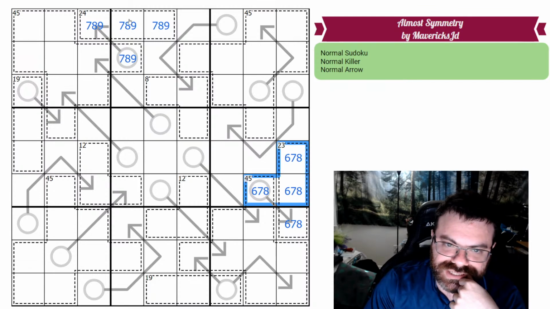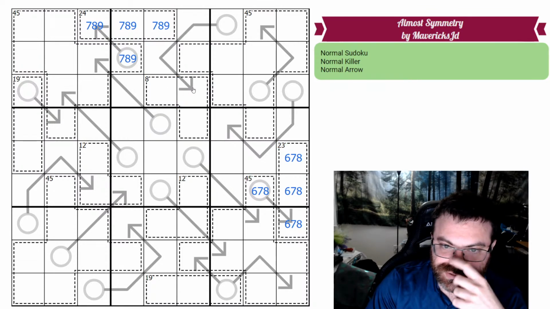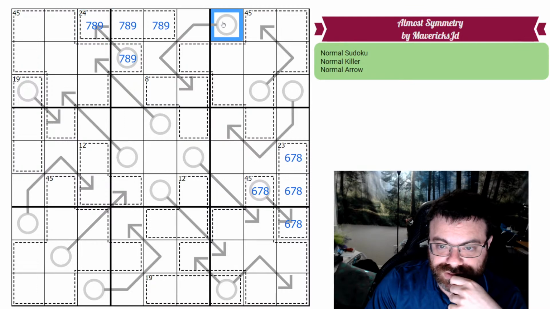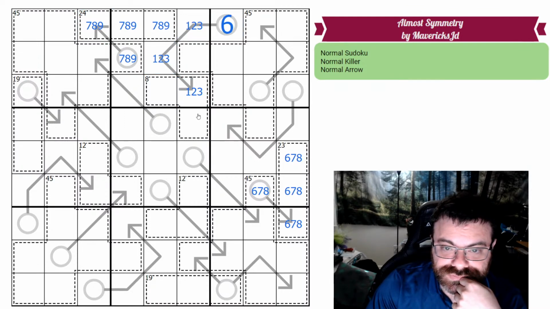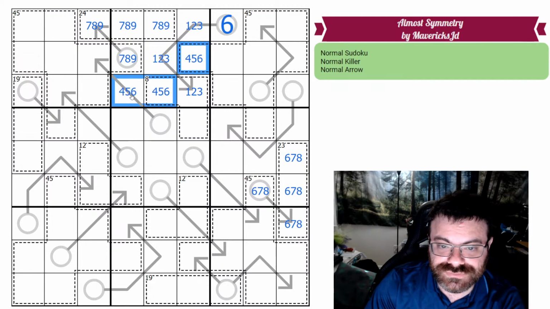So we have a 6, 7, 8 and a 7, 8, 9 triple in all these. This has to be a 6 then, and this is 1, 2, 3. So this is 4, 5, 6.